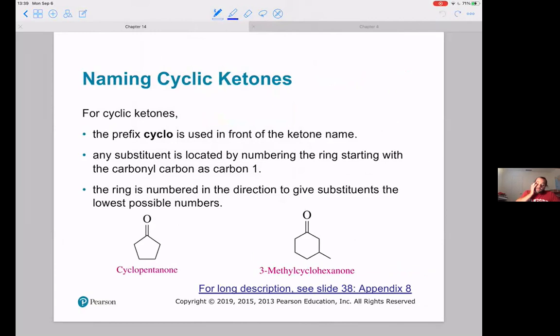And similar to why we don't have to do this for most of our cyclic compounds, we don't have to indicate that it's at position 1 because it's always going to be at position 1, right? If we moved it to another carbon, we would just renumber such that that carbon is considered position 1. So it's cyclopentanone, not 1-cyclopentanone.